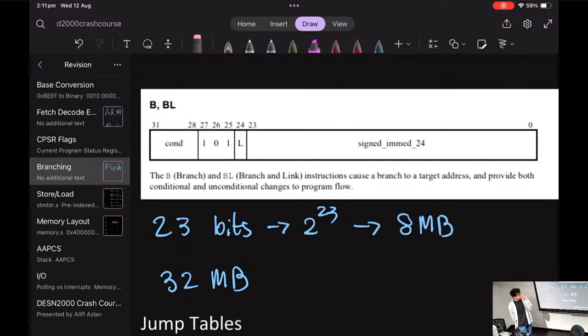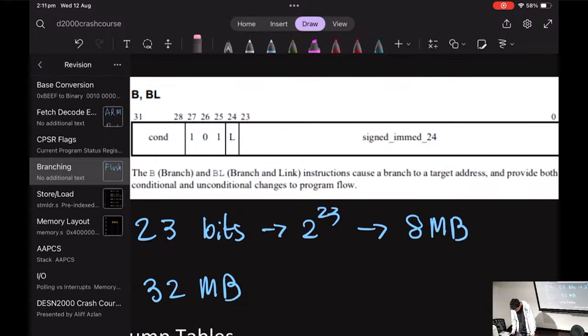Think about instructions. How big are instructions? Exactly. Someone answered, we can shift. We can do the shift because instructions have to be aligned with the word boundary, right?